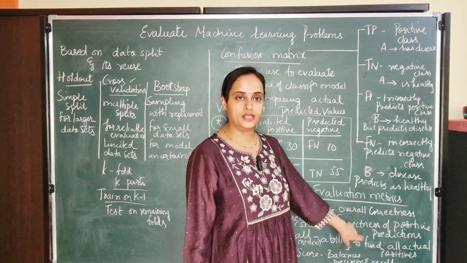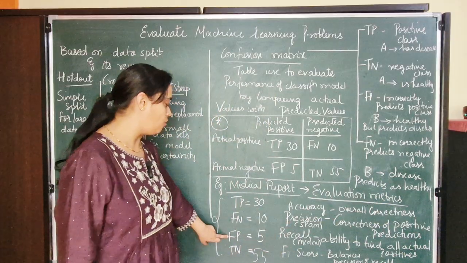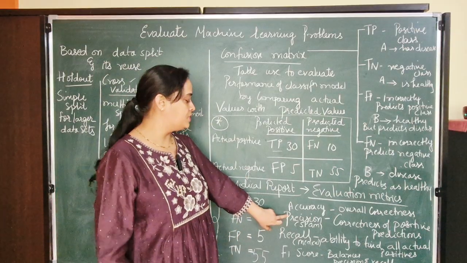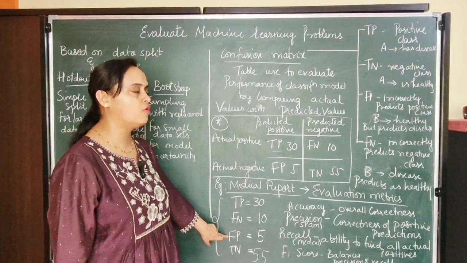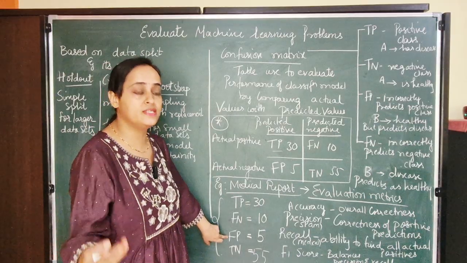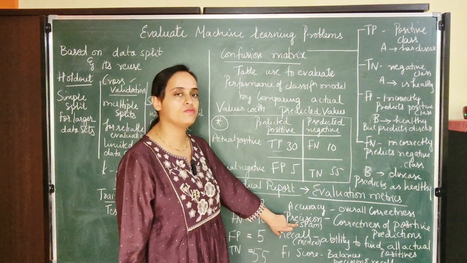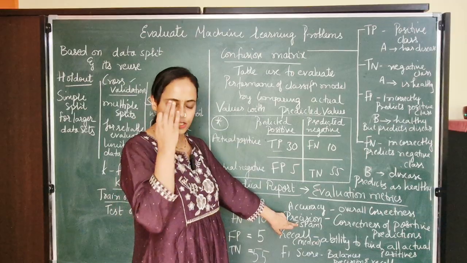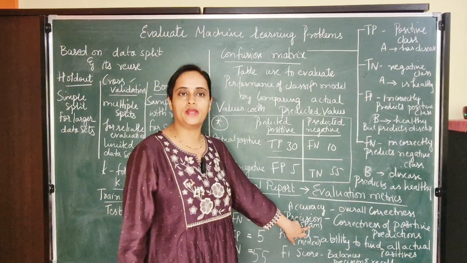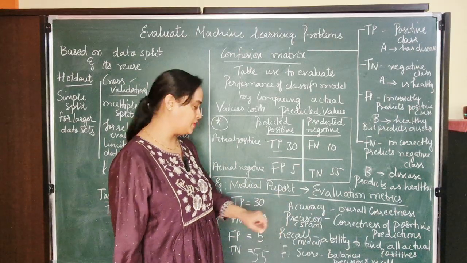It is going to avoid false positives, where healthy people are predicted as diseased. I'll give you an example of spam: we want actual unwanted messages to be detected as spam, but important official mails should not be labeled as spam. That is how precision is measured.